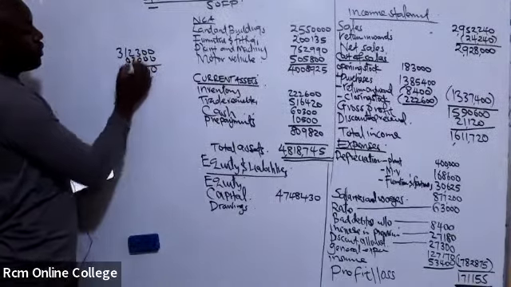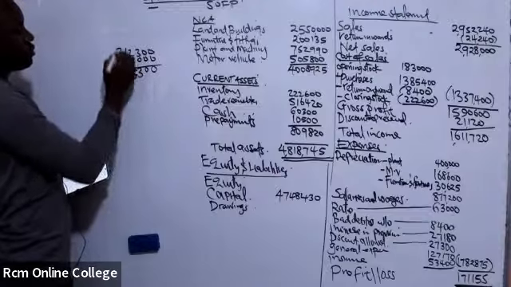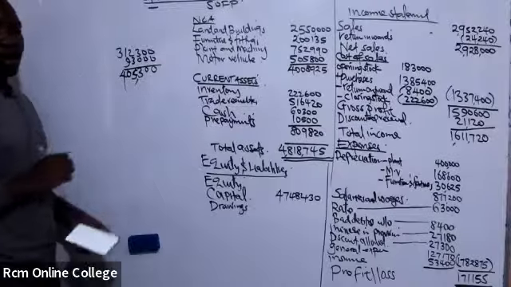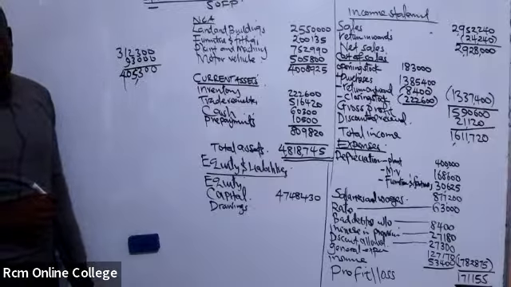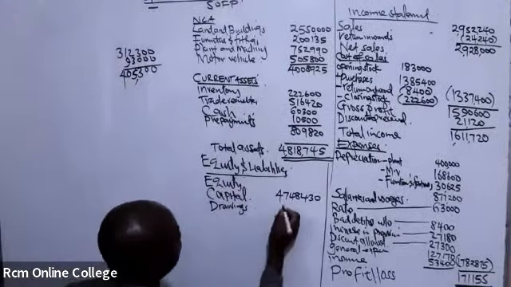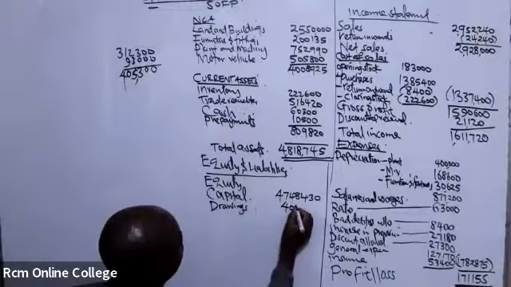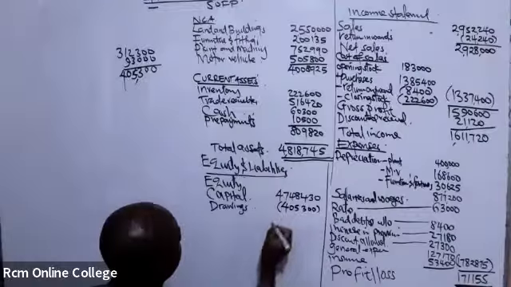So that will give us 405,300. Are we getting that? 405,300. Yes. So I want to put 405,300 as the drawings here, and of course, it will affect our capital.